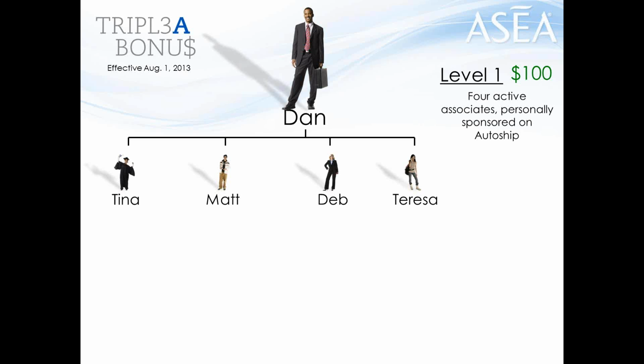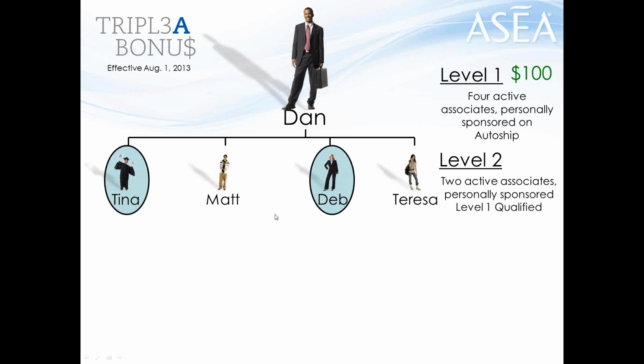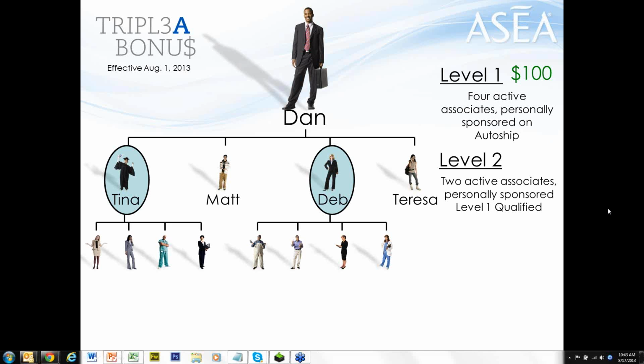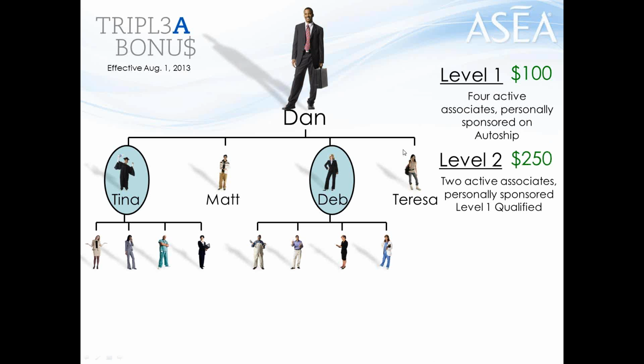Your product is free. Now let's push down to level 2, meaning only 2 of these people that Dan enrolled have to get their 4 for him to get the level 2 bonus. So let's say Tina and Deb both got their 4. Now Dan would be getting the level 2 bonus, which would be an additional $250. If he did this, he probably signed up more than 4, and some of the people may have done the same thing.